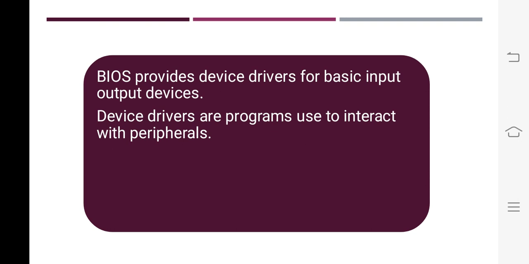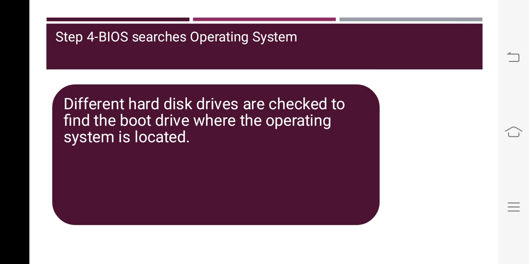So after checking that all the devices are working properly, BIOS tries to find out where on the hard disk the operating system is located. Children, you all know that the hard disk is fixed inside the CPU box, and it is the most important storage device where the operating system, application programs and our important files are saved.